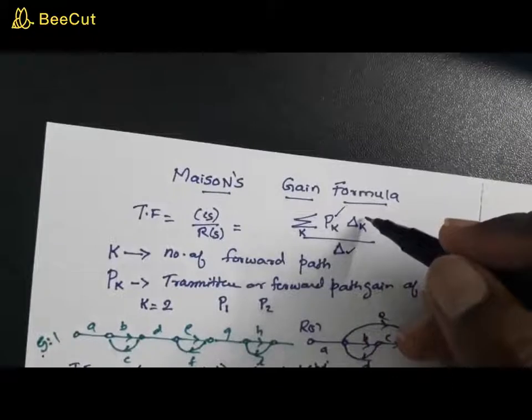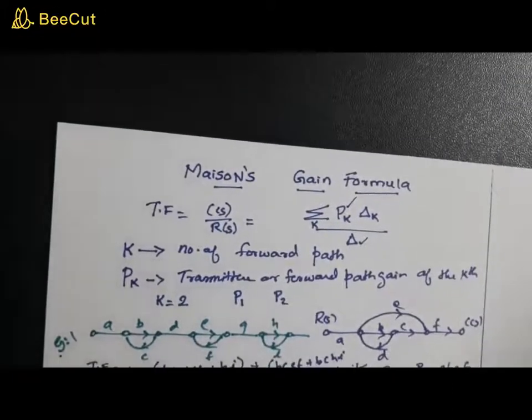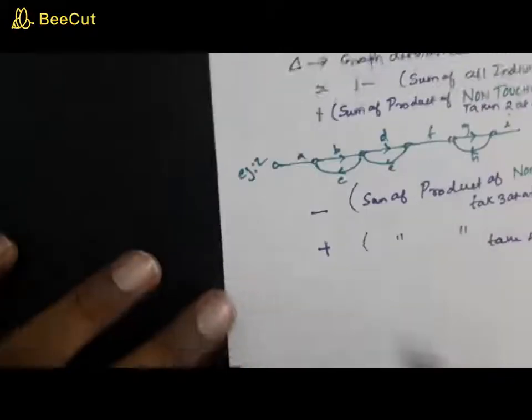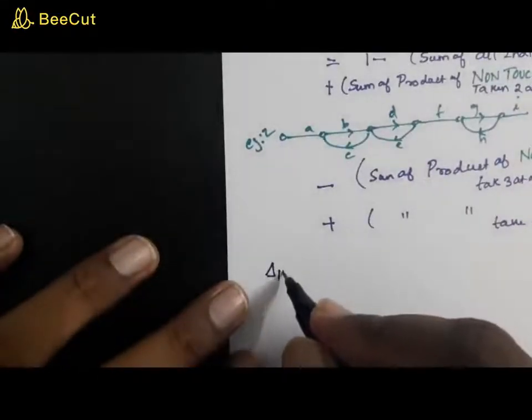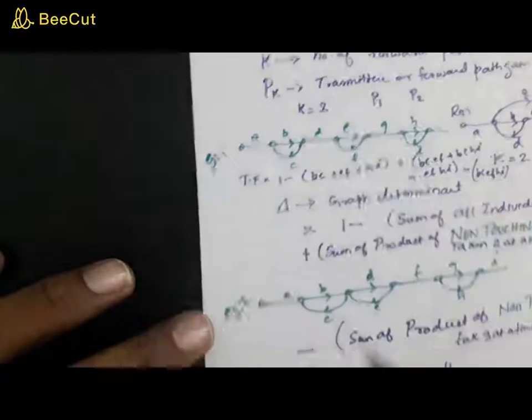So you understood what is pk, what is delta, and now we are going into the next one, which is delta k. Now delta k is the determinant corresponding to the path pk.